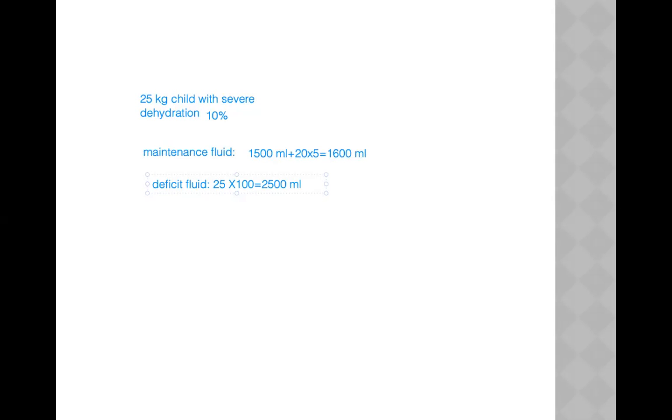Almost 2.5 liters of fluid the child has lost. So let me repeat again how that 100 comes there. Every student should understand this, because the deficit is calculated as a percentage of dehydration, and 10% means 100 ml per kg fluid loss. His weight is 25 kg, so he has already lost 2500 ml of the fluid.